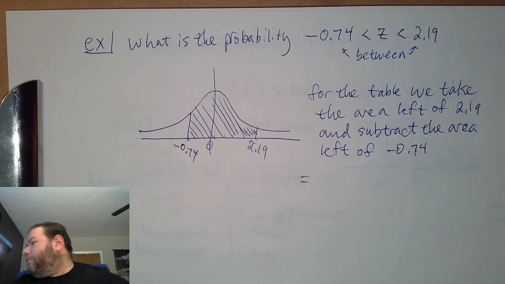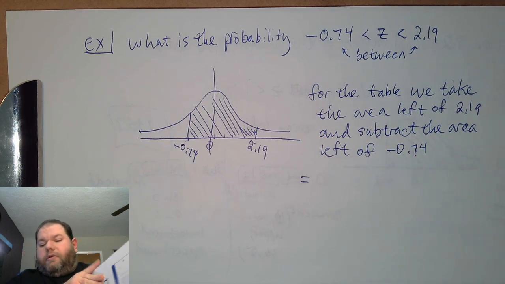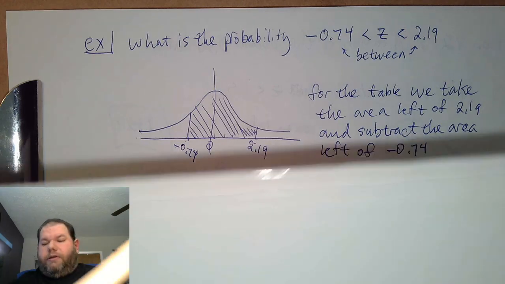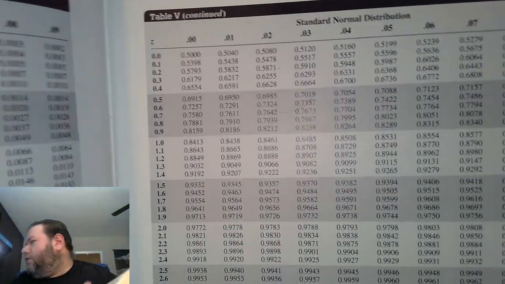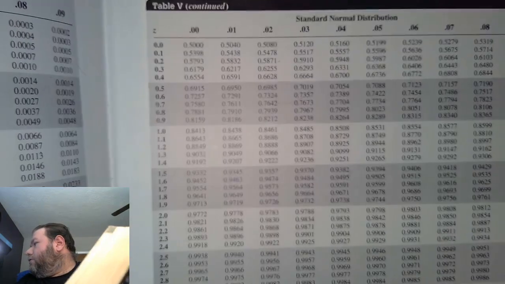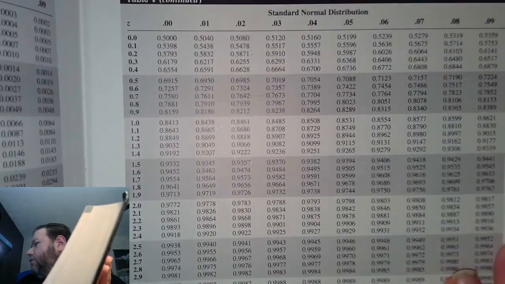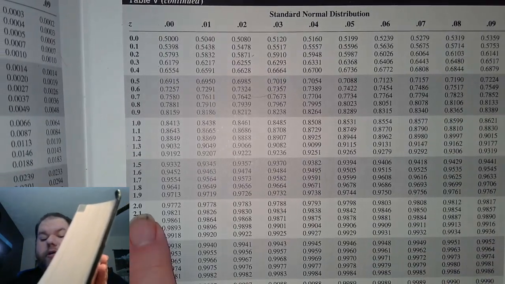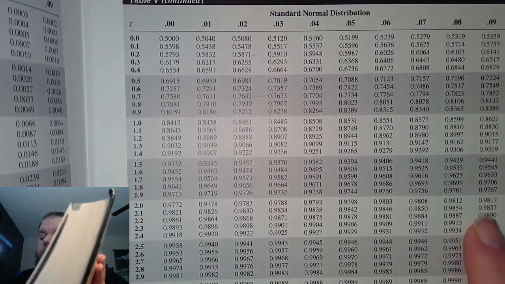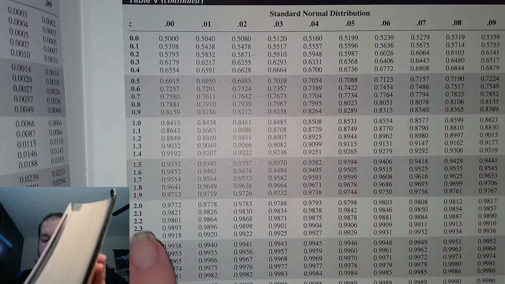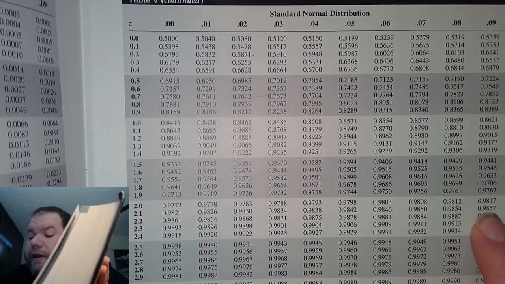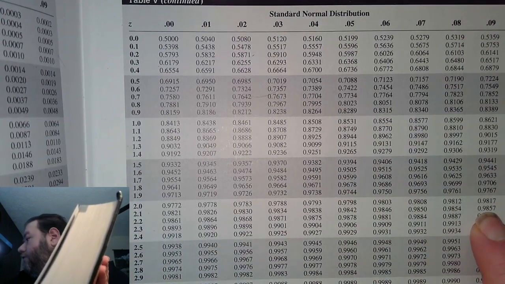Okay. So 2.19, let's see. .1 is here, and we go all the way to the right to get to 9. So 2.19, that is 0.9857.